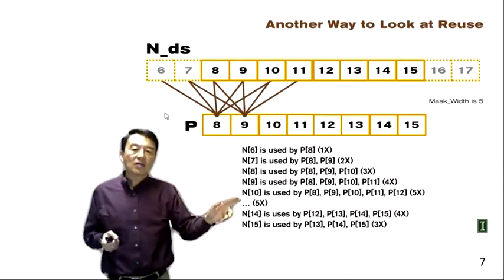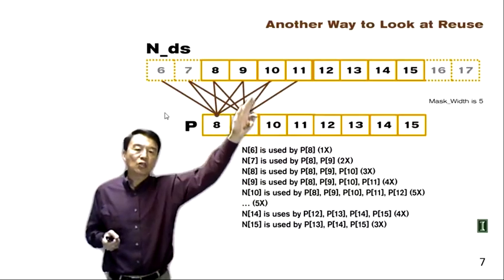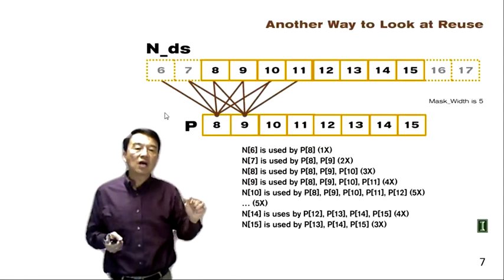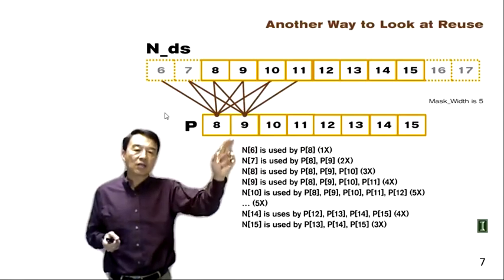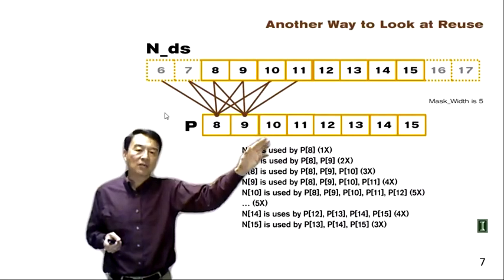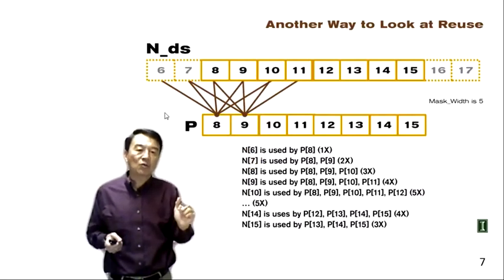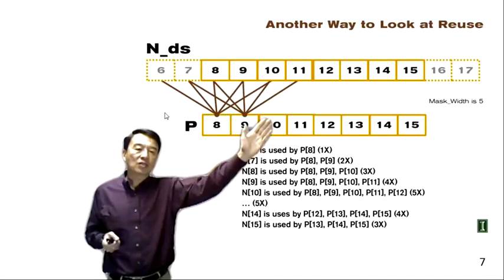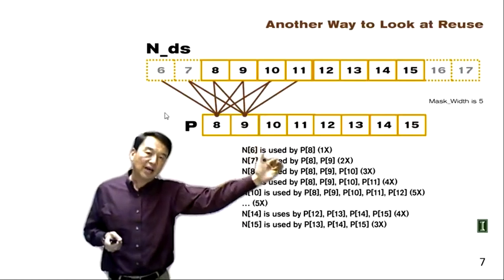And then we go into a section where elements 10, 11, 12, 13 are all going to be used 5 times to calculate 5 of the output elements. I leave that up to you, but I give you one example of 10 here. Once we finish 13, we go into a decline again.